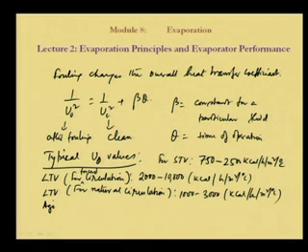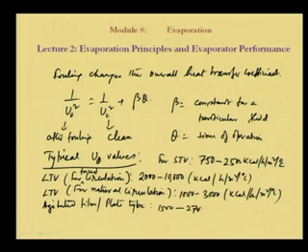Agitated film and plate type have values of around 1500 to 2700 kilocalorie per hour per meter square degree centigrade. These are typical ranges of the overall heat transfer coefficient values.